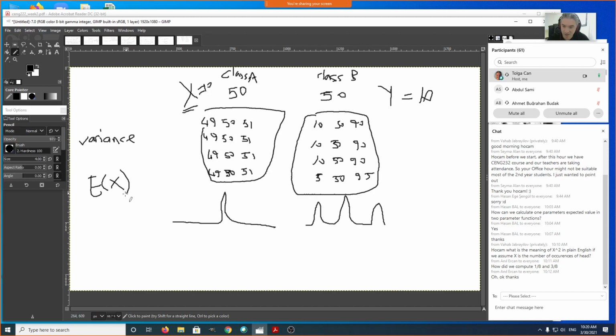If you look at the mean, the mean value is 50 right here. And when we get a random variable x, how is it different from the mean? In this case, the difference from the mean is like 1. It's very close. But when you get a random variable y, it's different.